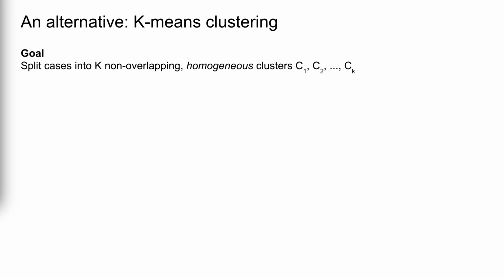Thus, the importance of having an alternative clustering approach. One such alternative is k-means. The general goal of k-means clustering is to split the cases into k non-overlapping homogeneous clusters C1, C2 up to Ck. In order to do so formally, we must have a measure of homogeneity.